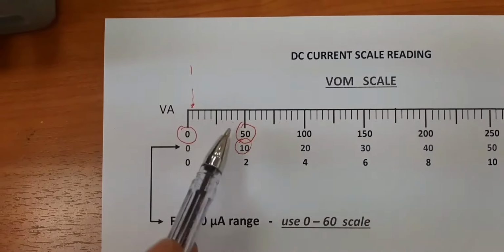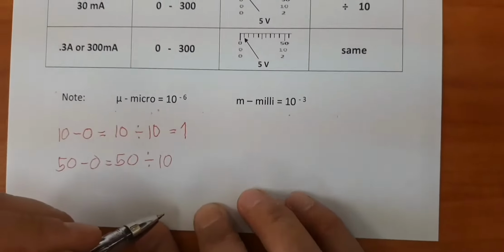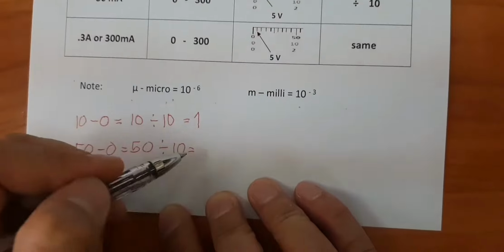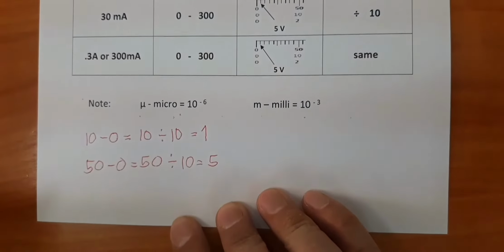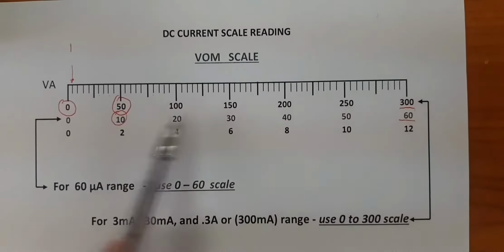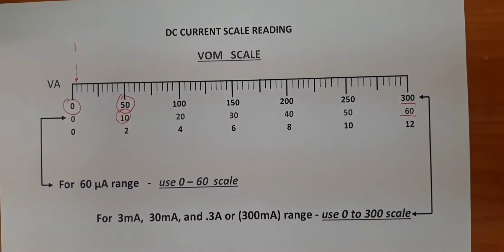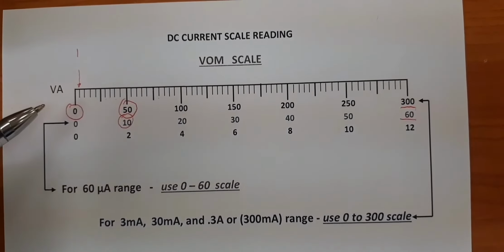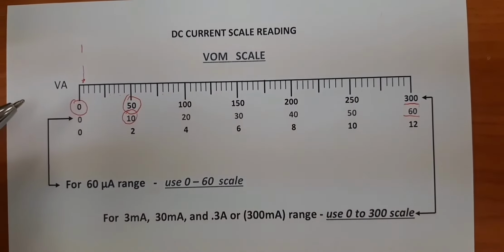We have 10 lines over here. So 50 divided by 10 is equal to 5. So if you are going to use this scale of 300, 0 to 300, each line is equivalent to 5.